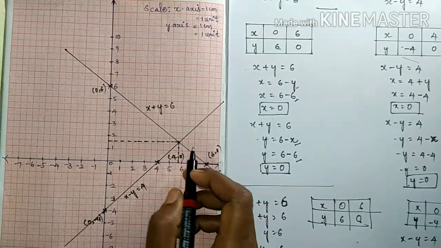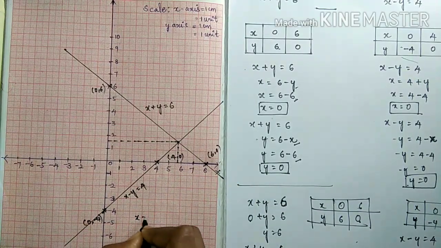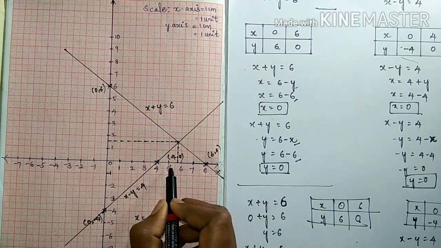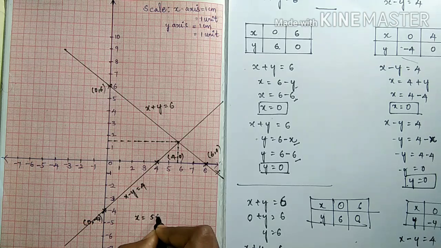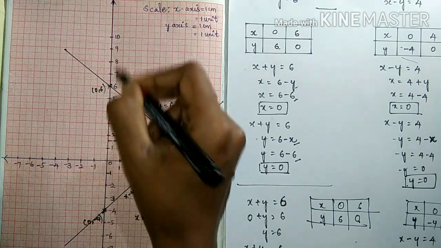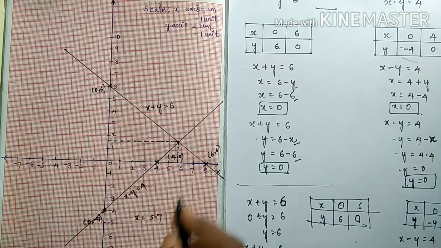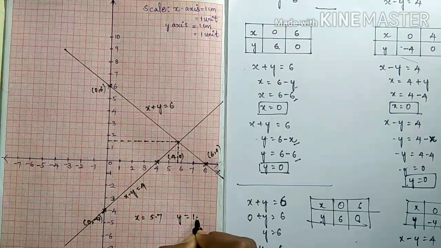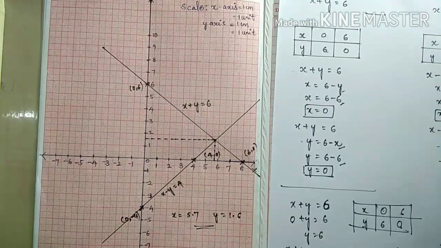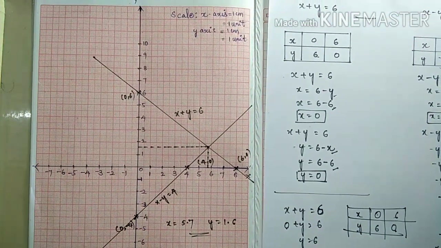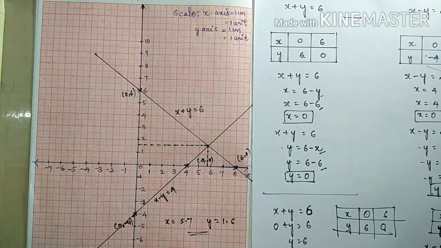So friends, now we have got the required coordinates: the x coordinate is 5.7 and the y coordinate is 1.6. So this is the required graph for the given 2 linear equations.